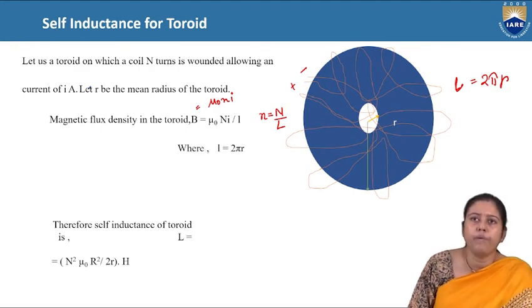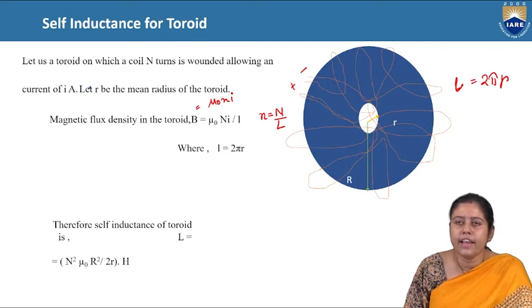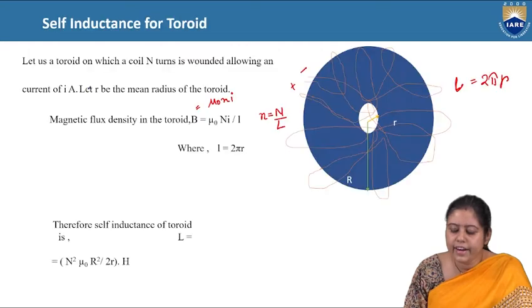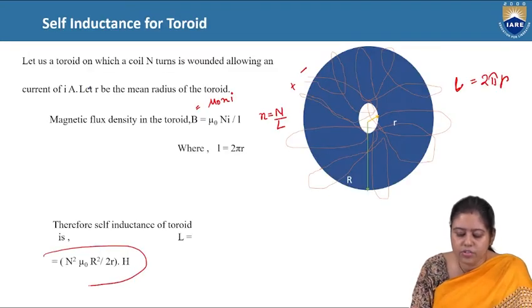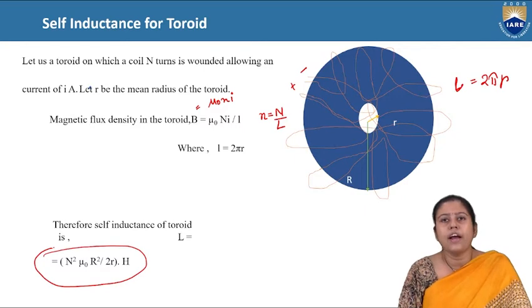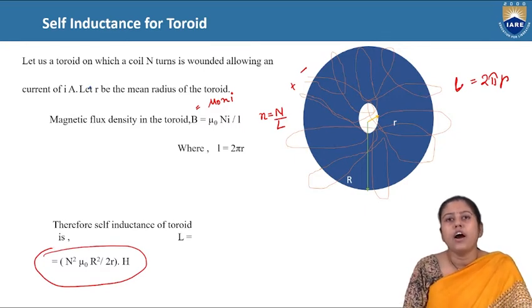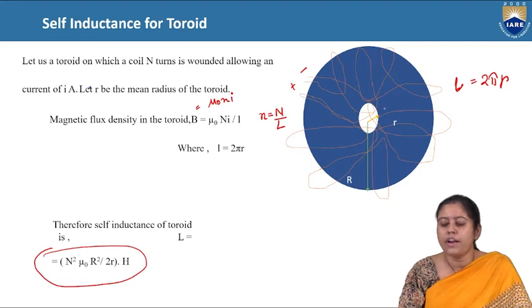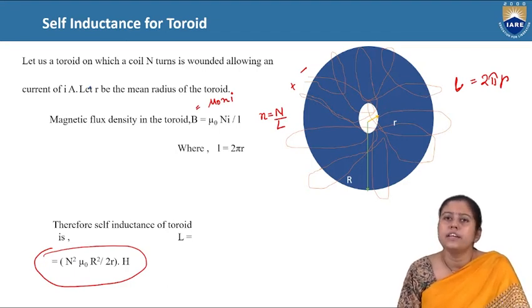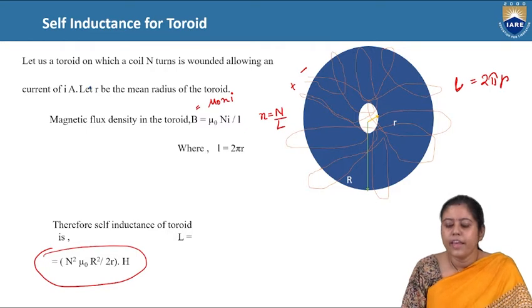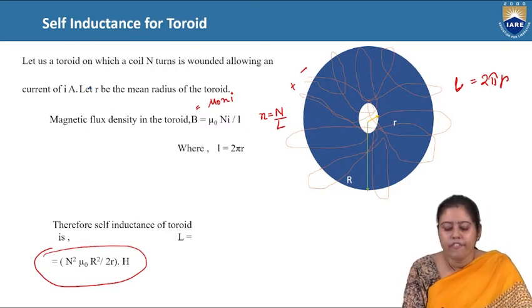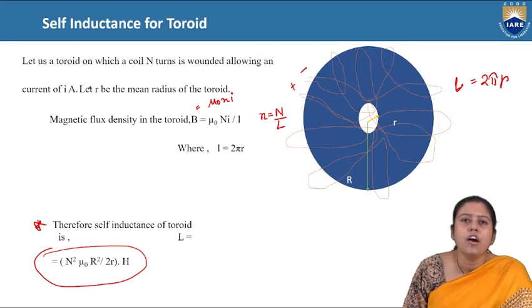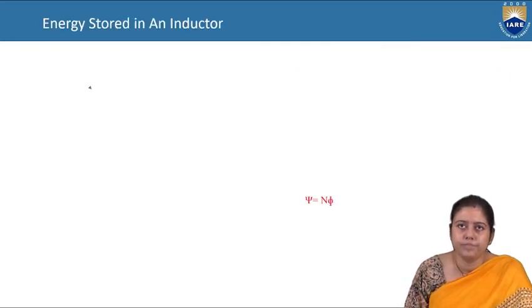So if capital R is the radius of the outer surface, the inductance we get is equal to N square mu R square by 2r Henry, where capital R is the radius of the outer surface and small r is the radius of the inner surface or mean radius. This is also a very important formula for inductance calculation.